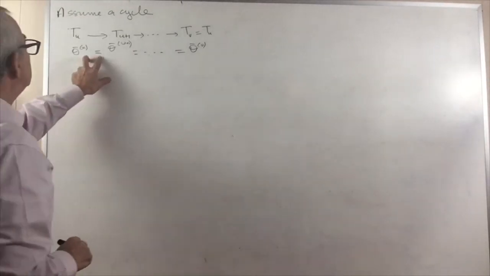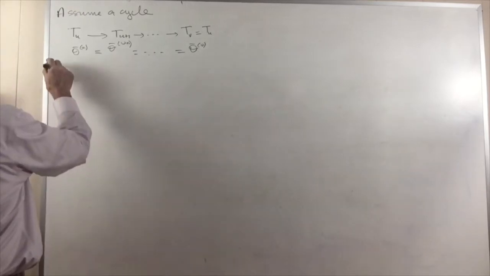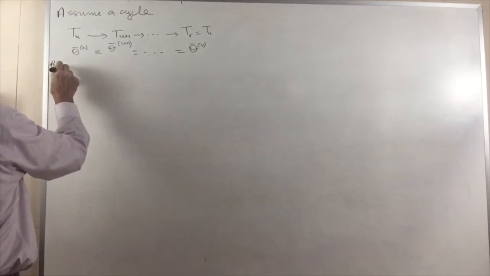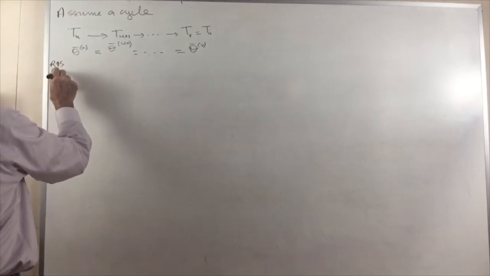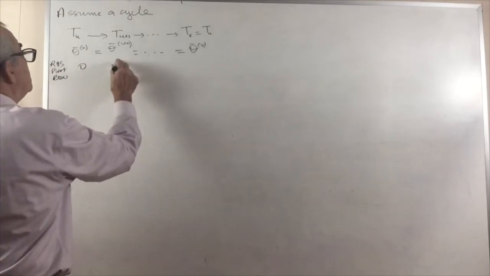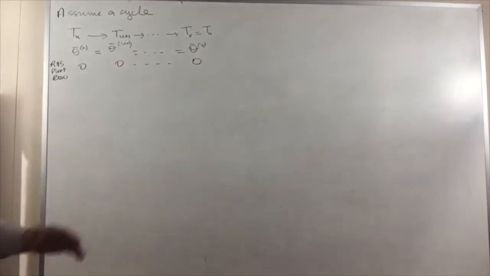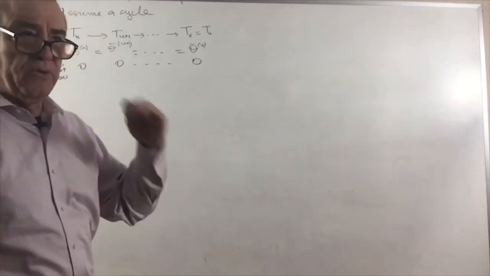And because we saw earlier when these two are equal, that means the right-hand side of the pivot row is 0. It's 0 throughout the cycle. If we look at all the pivot rows, the right-hand side is 0.